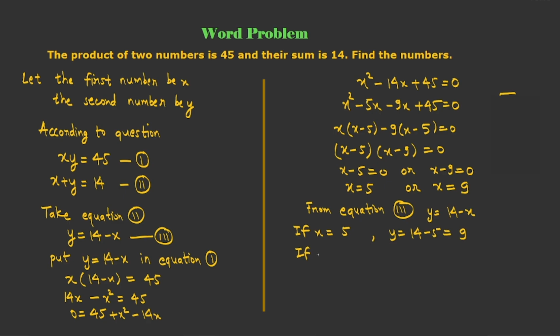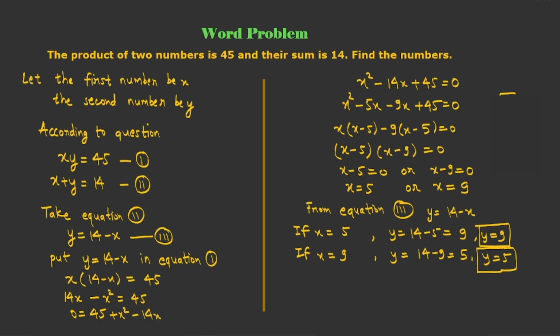And if x is equal to 9, y is equal to 14 minus 9, that is 5. So you can see that when x is equal to 5, then y is equal to 9, and when x equals 9, then y is equal to 5.